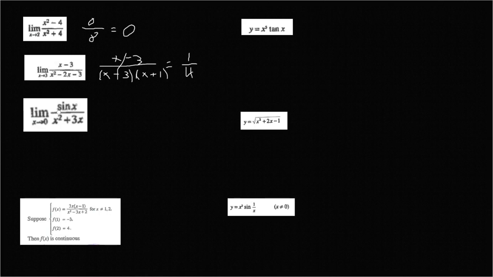So we could do some factoring if we wanted to, or we can just take the derivative of both the top and the bottom using L'Hopital's rule. So the derivative of sine x is cosine x, and the derivative of x squared is 2x, and the derivative of 3x is 3. L'Hopital's rule says these limits will be the same.